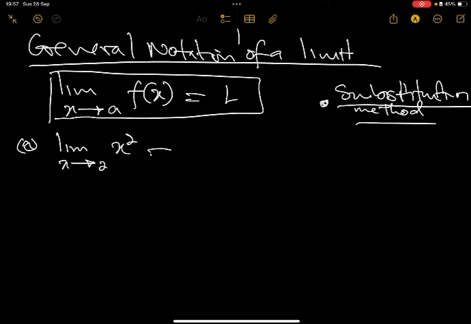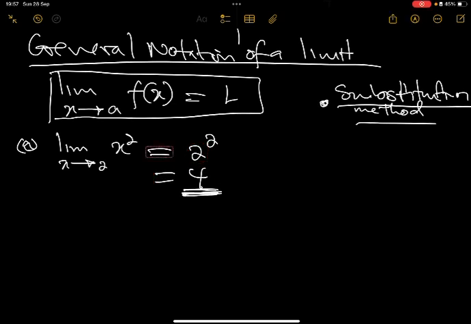So here we put this 2 into x squared. We'll get 2 squared, which is 4. So the limit of x squared as x approaches 2 is equal to 4.